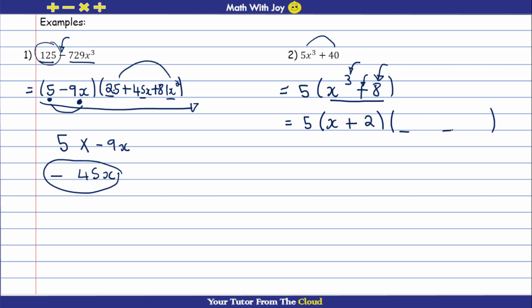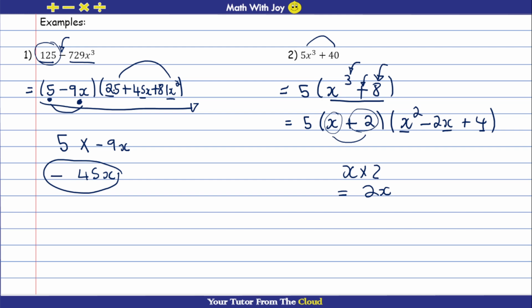Now, remember, you're going to have 3 terms there. The first term is made by taking this first term and multiplying it by itself. You're going to get x squared. You take this term and multiply it by itself. You're going to get 4. And then you take these two terms and multiply them with each other. X times 2 is going to give us 2x, but you make sure that you take the answer with the opposite sign.